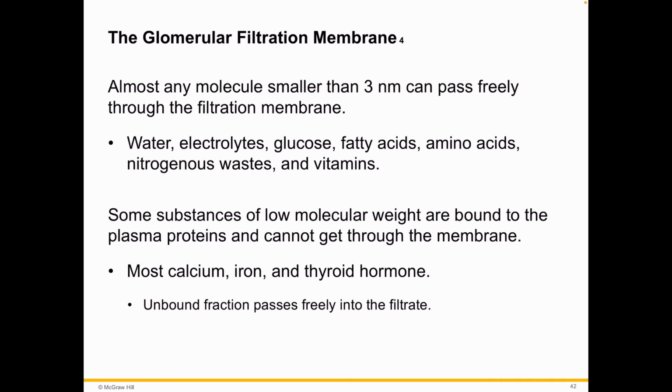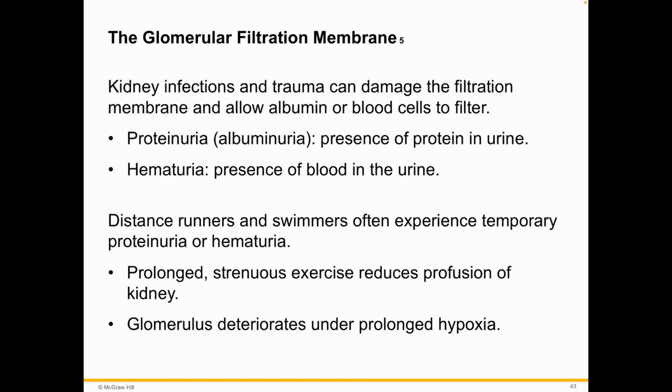So some of these substances are small enough or of low enough molecular weight, but they're simply bound to the plasma proteins, and they physically can't move through. For example, calcium, iron, thyroid hormone, not as easily, unless they are unbound. So those are pretty quick.